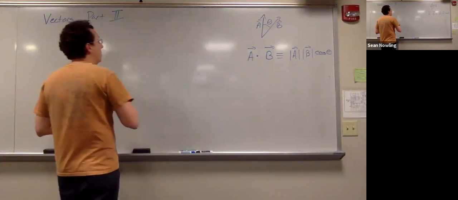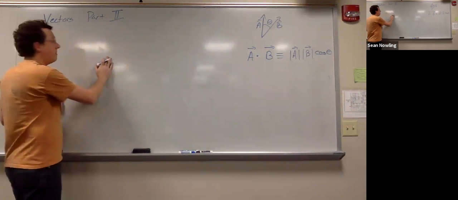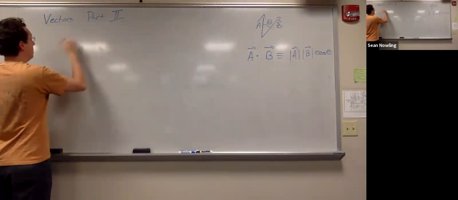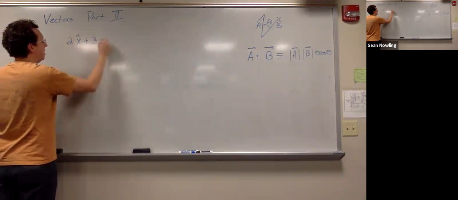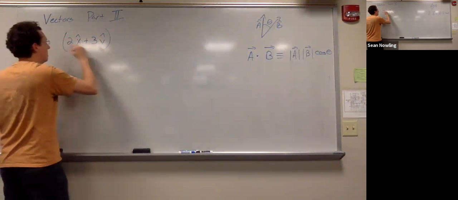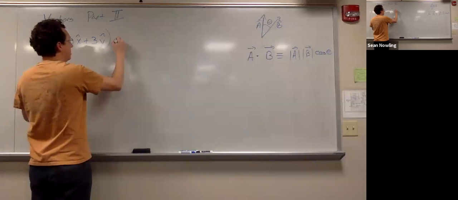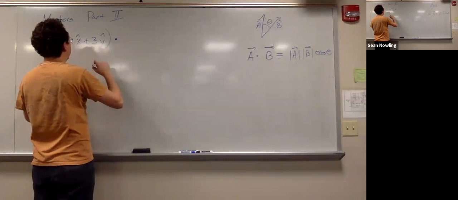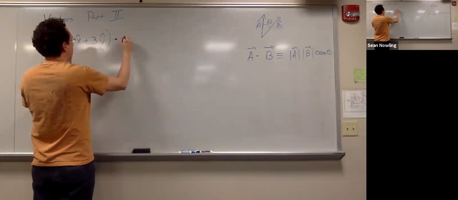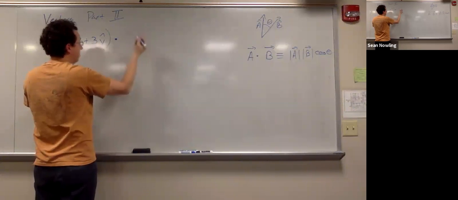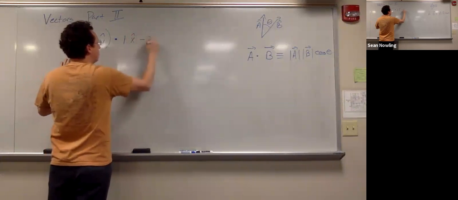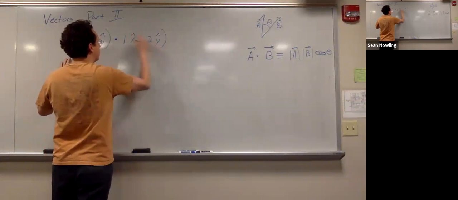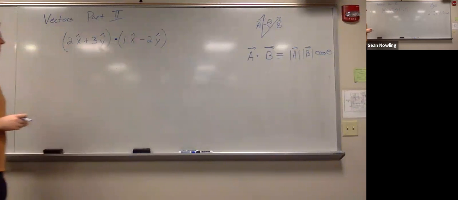Okay. So let's imagine I have the following vectors then. Let's say I have 2 x hat plus 3 y hat. That's a vector dotted with, oh, I don't know, 1 x hat minus 2 y hat. Okay.